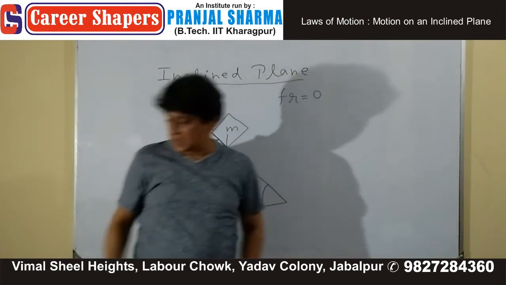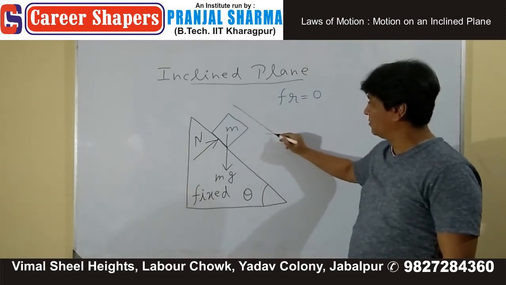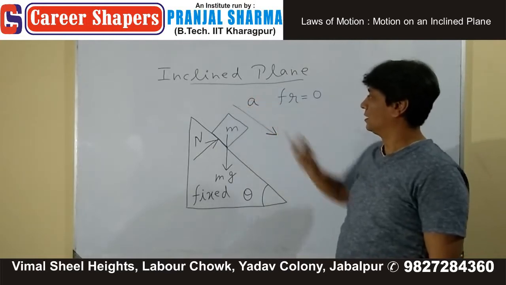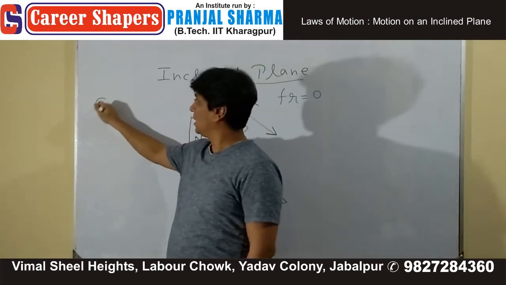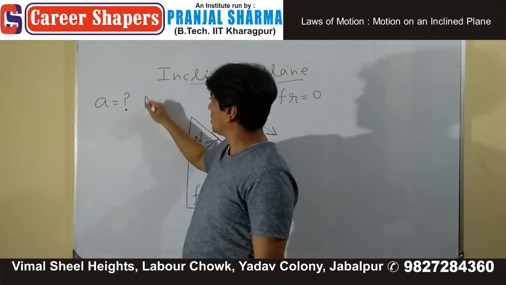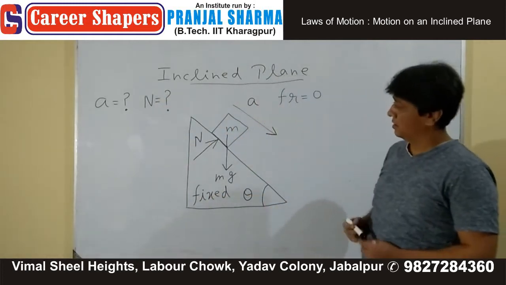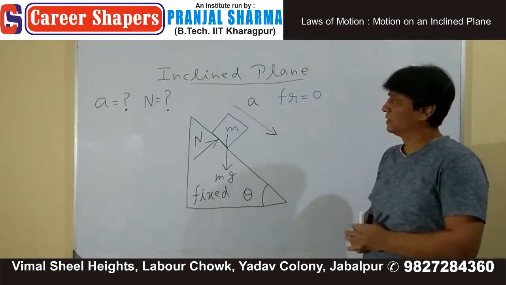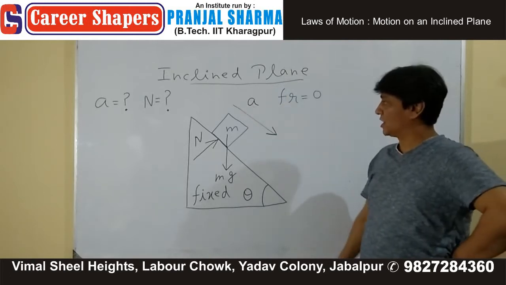As it slides down, it slides down with some acceleration A. Our aim is to find A and normal reaction. I'm giving you 30 seconds. Take 1 minute. Find me A and normal reaction.